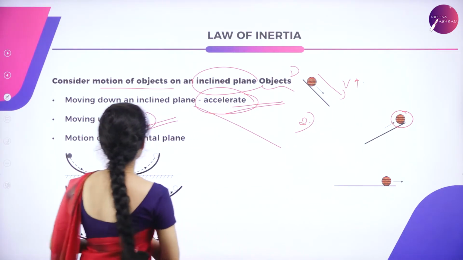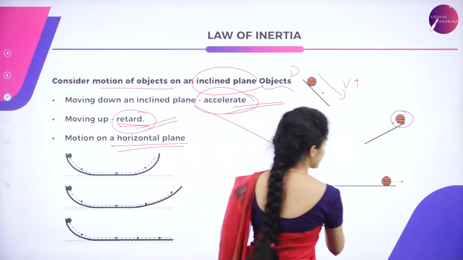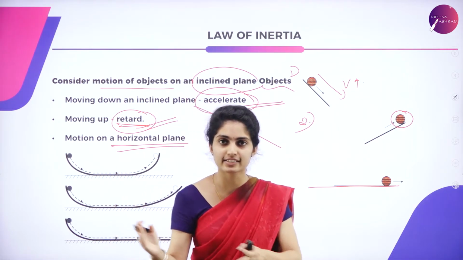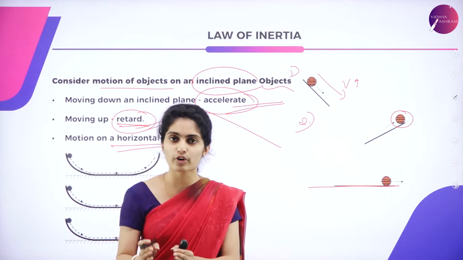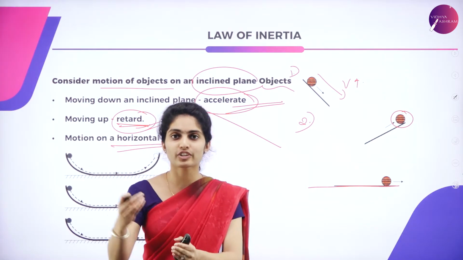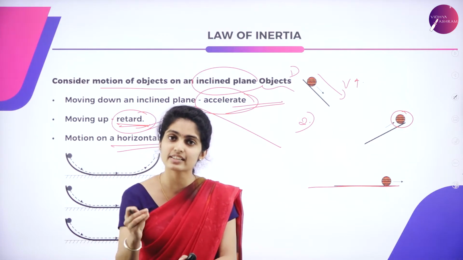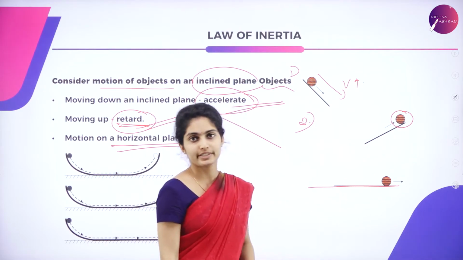Now the third one, motion on a horizontal plane. If the plane is horizontal, what happens to the motion of the object? It is given an external push, that is, an external agent is required for a body to be in motion. That external agent is the force applied on the object. So what happens?